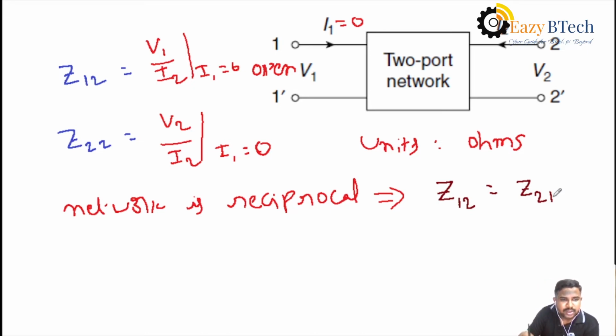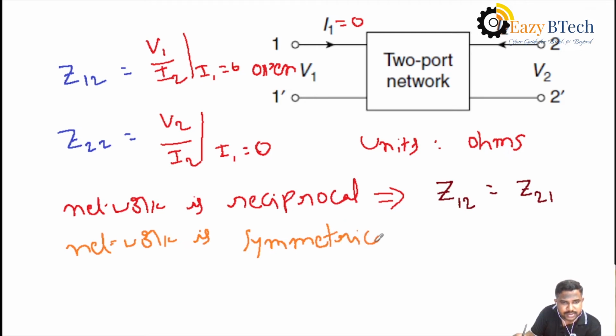And similarly, if the given network is symmetrical, it satisfies the symmetrical condition, where the main condition is Z11 equal to Z22.